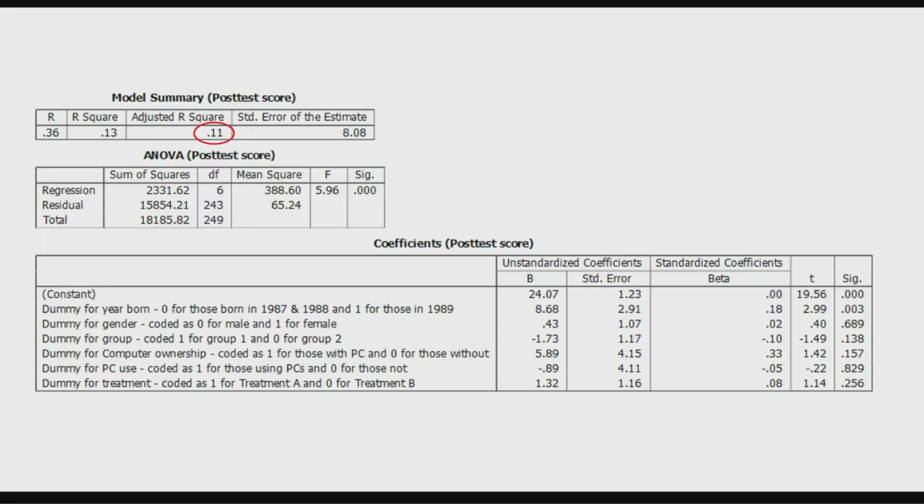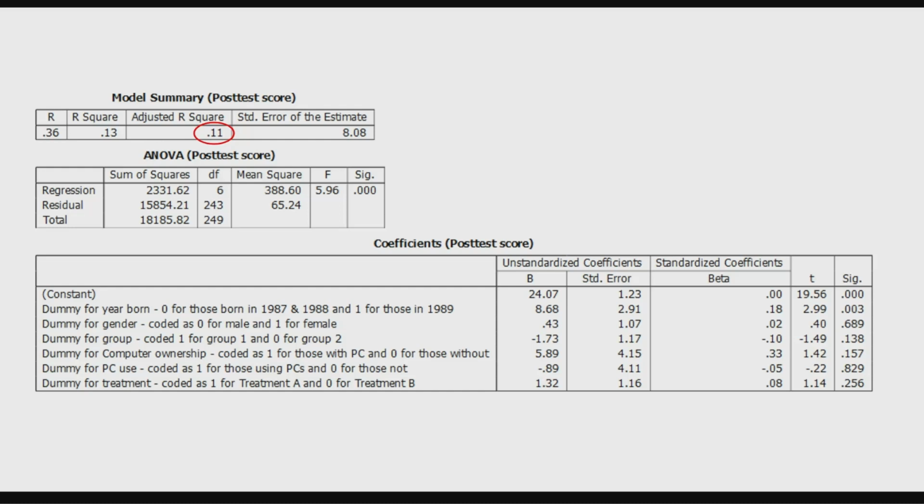From this result, we can see that the adjusted R square is 0.11, which also means that 11% of the variation of your dependent variable is contributed by the 6 independent variables, or predictors or factors, from here. And this adjusted R square is actually adjusted from the R square of 0.13 here, and it is adjusted for your 6 variables here.